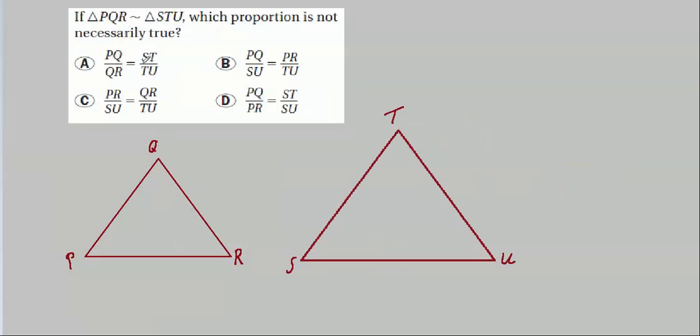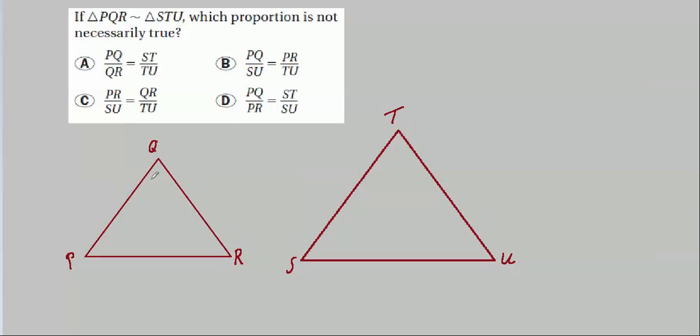PQ, that's this section here, to QR is the same as ST over TU. You know why this would be true? Our similarity theorems talk about the ratio of the two similar triangles, not the ratio of a triangle within itself.